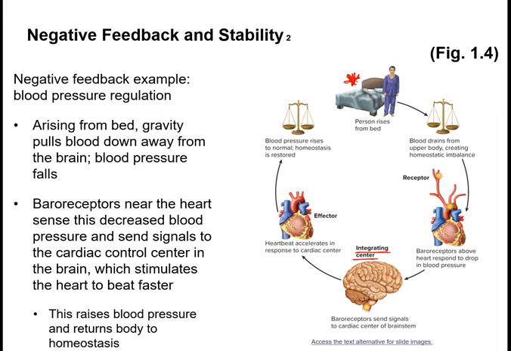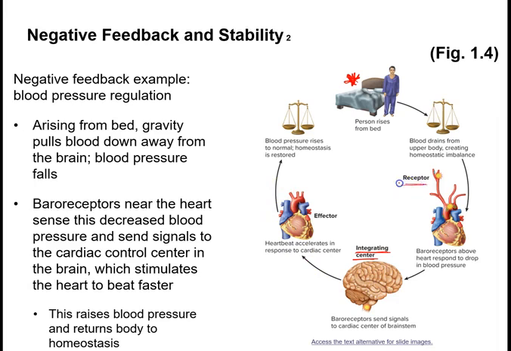By beating faster, you're pumping more blood through those blood vessels. The blood pressure is going to go up. So homeostasis is simply restored because different sensors in the body sense that the blood pressure went down, sent the information to the brain, which figures out what to do, and sends the signal to go ahead and raise the blood pressure.